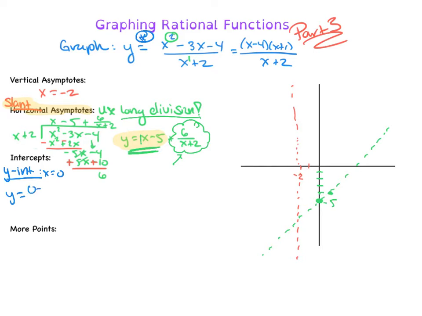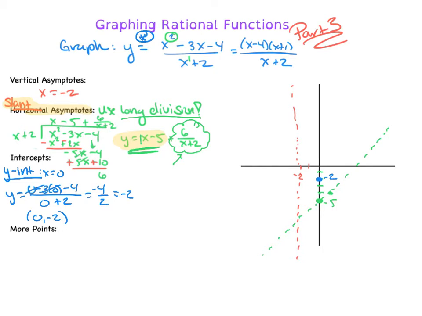So 0 minus 3 times 0 minus 4 over 0 plus 2, which gives us negative 4 over positive 2, or negative 2. So we have the ordered pair 0, negative 2 for our y-intercept. Okay, 0, negative 2 is right here for our y-intercept.